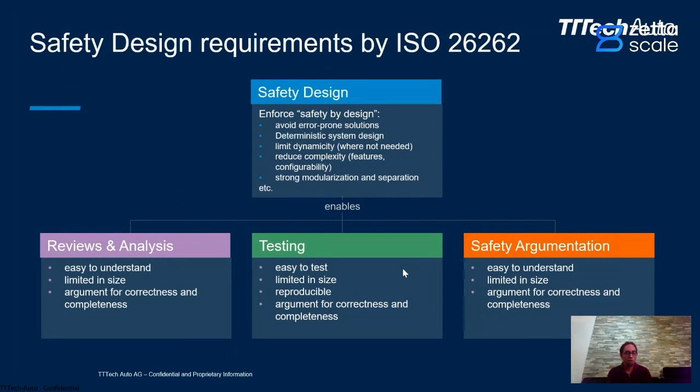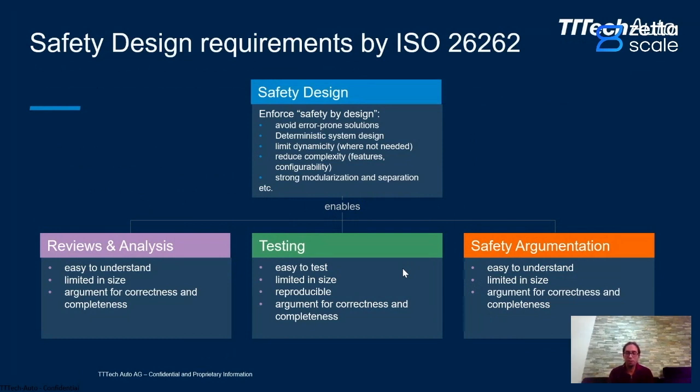You need to avoid error-prone solutions. So take simple solutions, proven ones, build a deterministic system. So really see that you get what you want, right? And you're not surprised by randomness, which also means you should prevent dynamic behavior as much as possible, because then you introduce possibilities for race conditions and things like that.